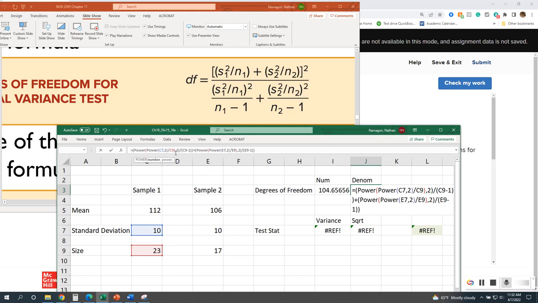So I've entered 2, so that means I would have done it with that one as well.